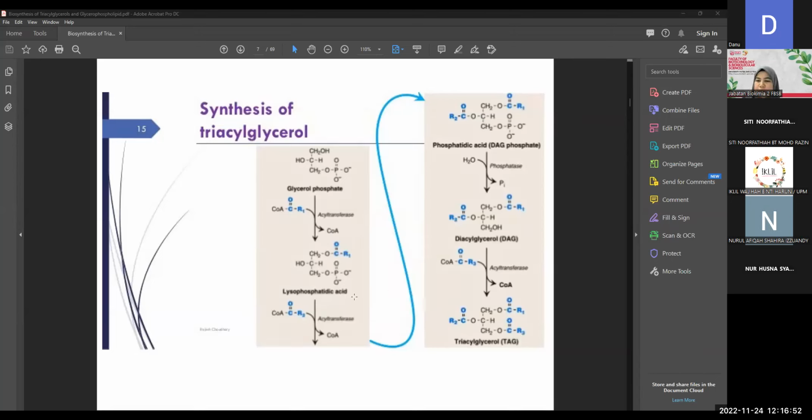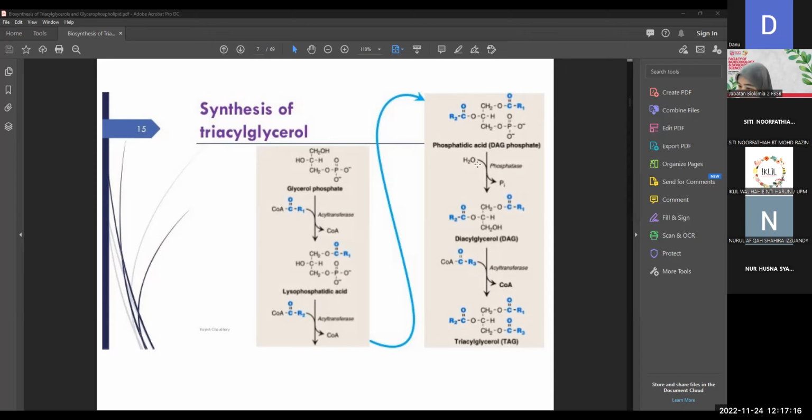I forgot to mention, the first acylation step produces lysophosphatidic acid. The second acylation step produces phosphatidic acid, or 1,2-diacylglycerol 3-phosphate. Now we want to synthesize triacylglycerol.